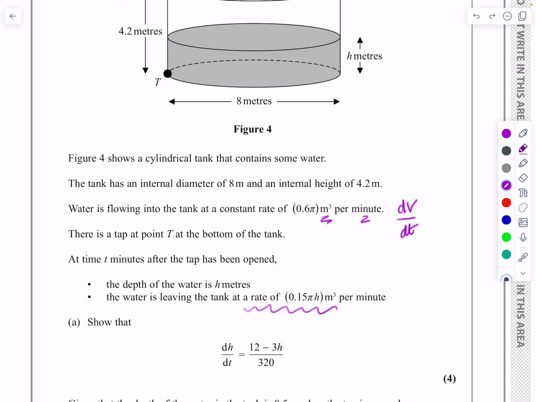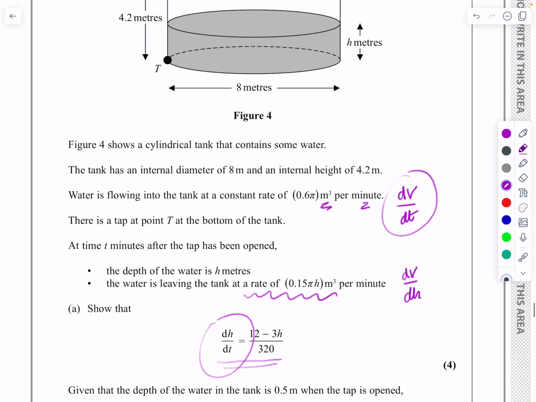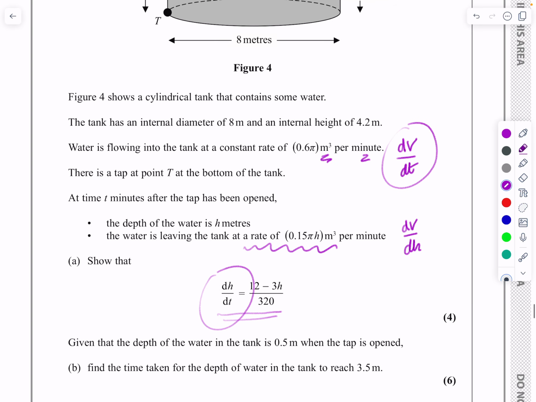What does it say? It says show that dH by dt is equal to something. So if I've got dV dt and I've got dH dt, I would imagine that the thing that I've got left is going to involve dVs and dHs, and given that I know the volume of a cylinder is pi r squared h, I'm probably going to be starting with volume equals pi r squared h.